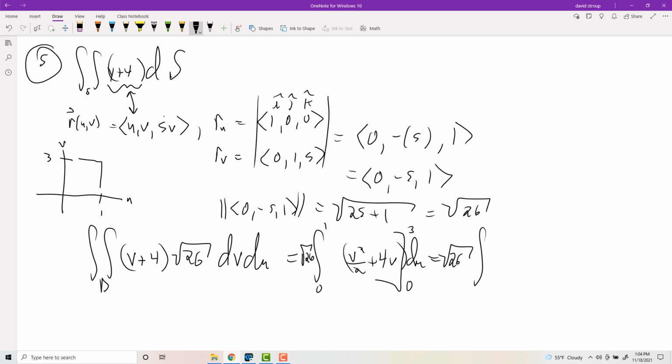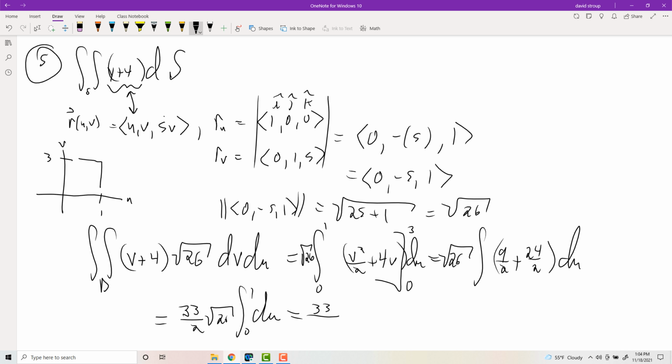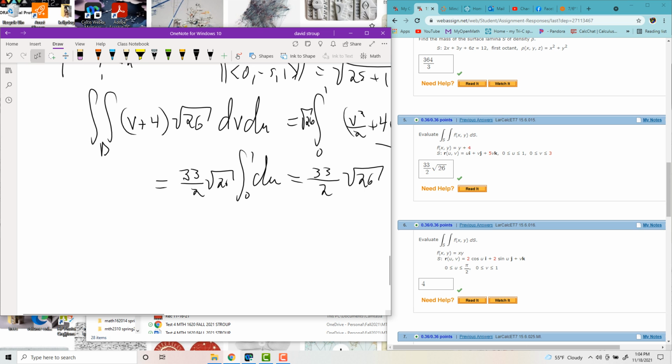So putting in 3, 9/2 plus 12, which is really 24/2. That will be 33/2 times the square root of 26 times the integral from 0 to 1 of du, which of course is u evaluated from 0 to 1, which is 1. So I'll just have 33/2 times the square root of 26, which is the right answer.